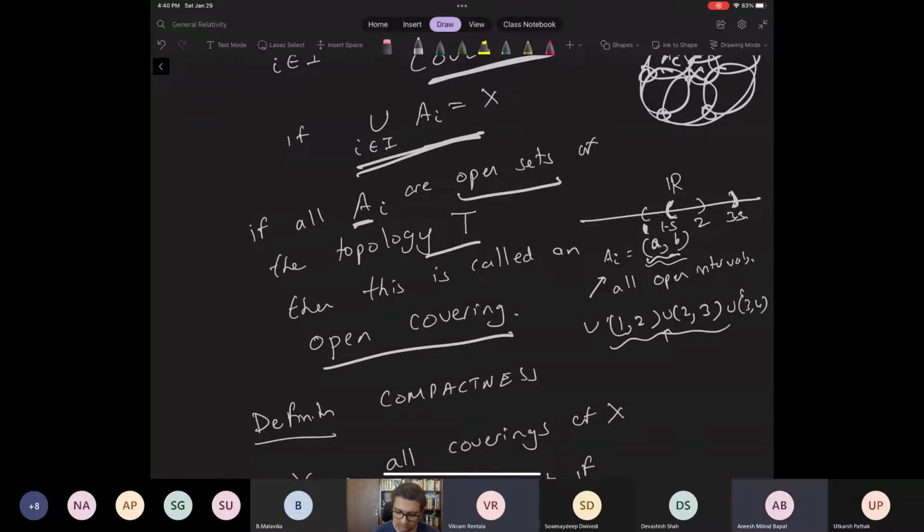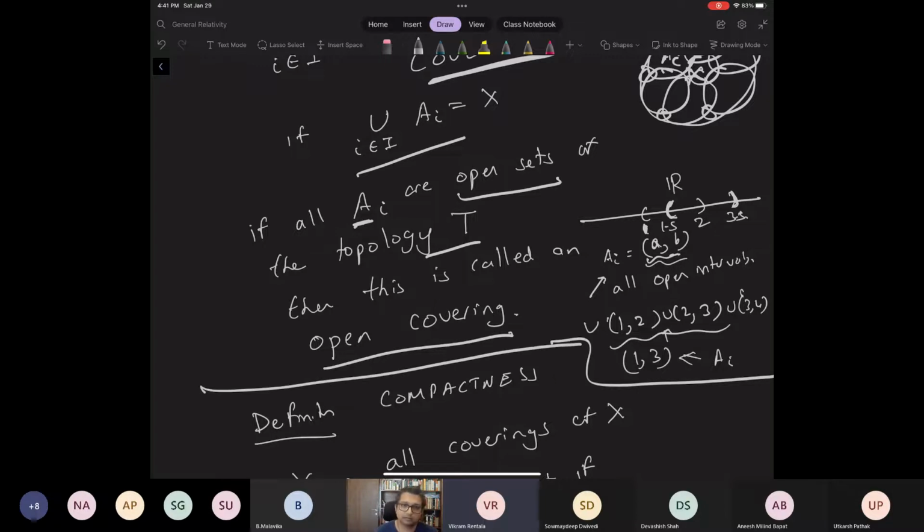But the set (1, 3) would be there, right? So it still covers. Good. So if you have this kind of thing, then yes, you would cover all. If I take each of these intervals individually to be a member of the A_i, then yes, this would also be a covering.